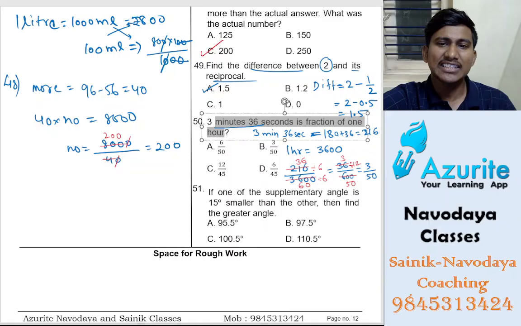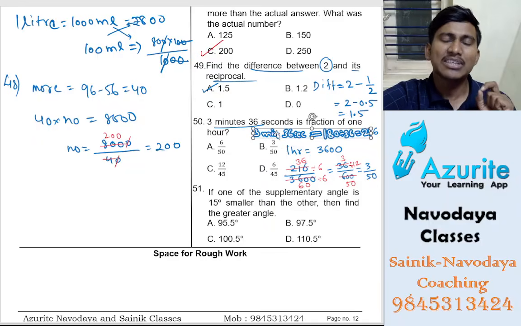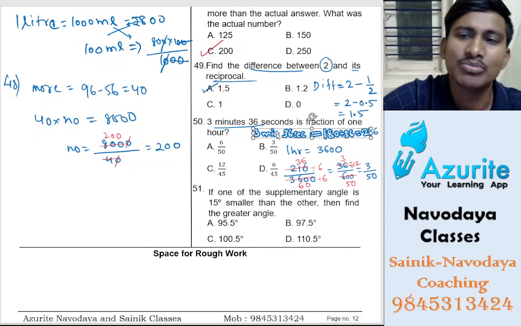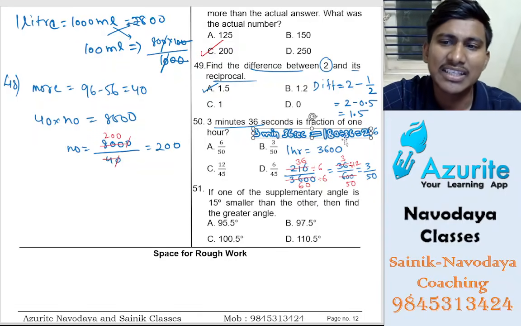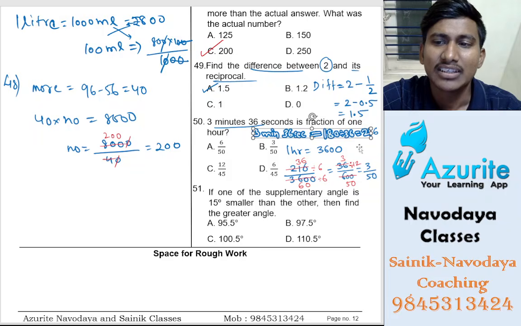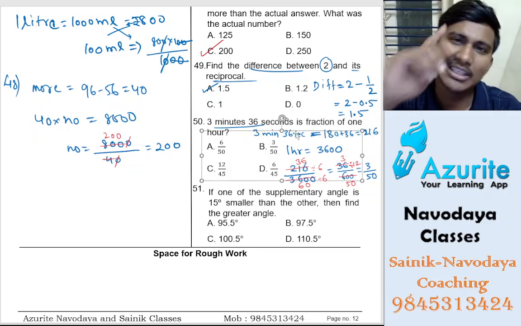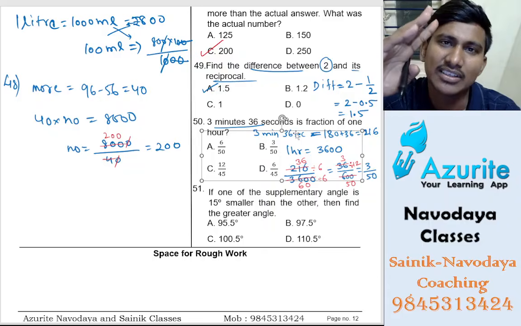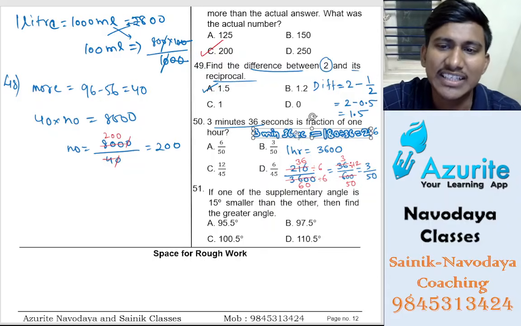So we have to make it the same unit. 1 minute means 60 seconds, so 3 minutes means 180 seconds. And 36 seconds is more.